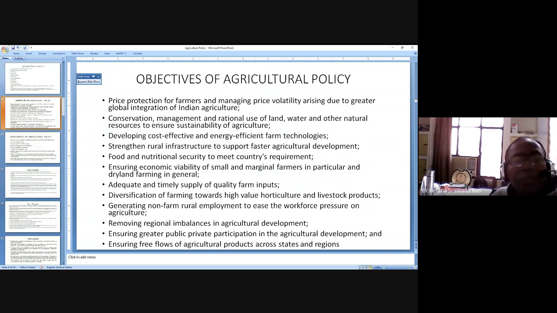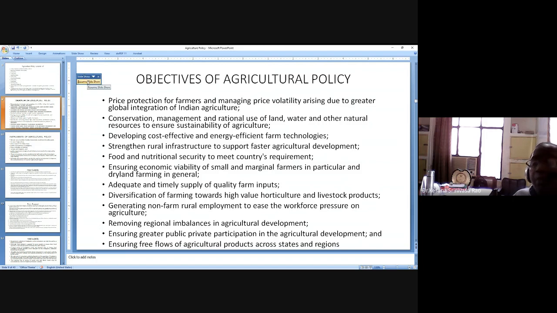As I have already explained the other day, more than 70 to 80% of the land holdings belong to marginal and small farmers, which means almost below 2 hectares. That is what we can see.